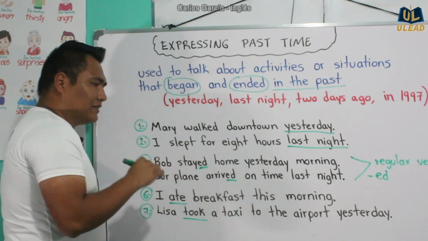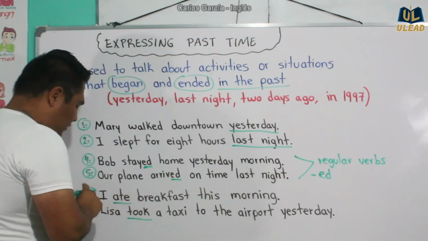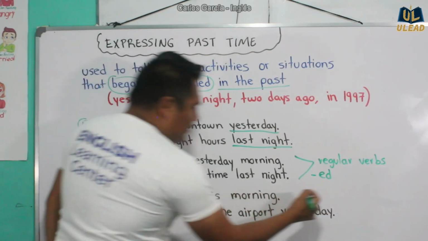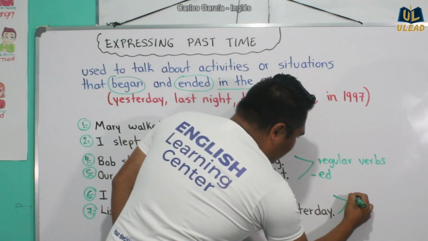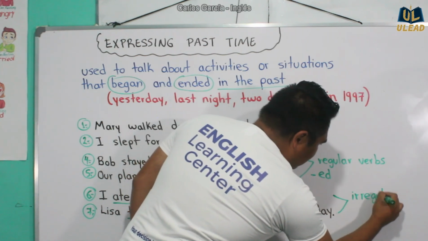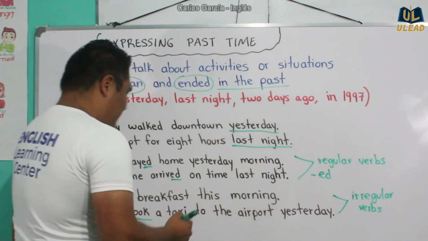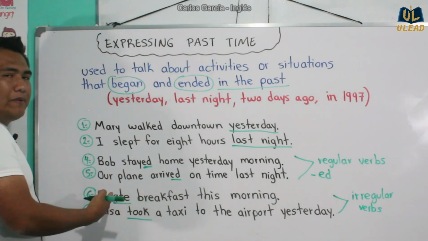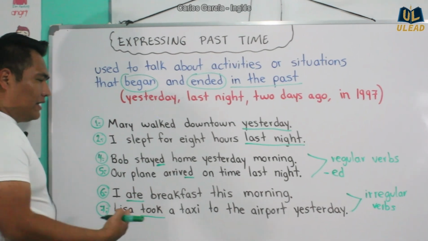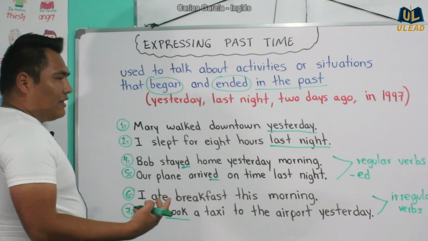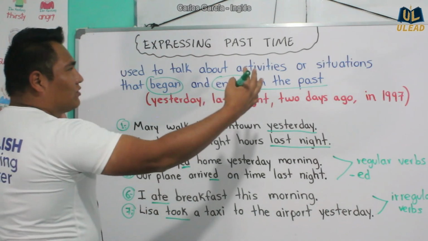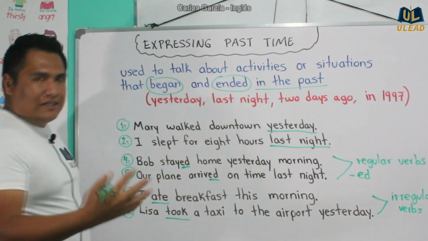Took is the past of take. So these two, number 6 and 7, are what we call irregular verbs. Irregular verbs. Okay? Ate is the past of eat. Took, the past of take. Okay? And so this is the introduction of the past tense.